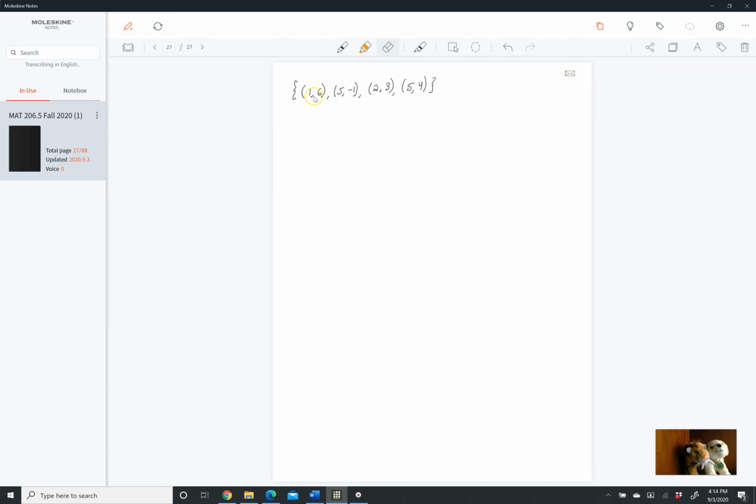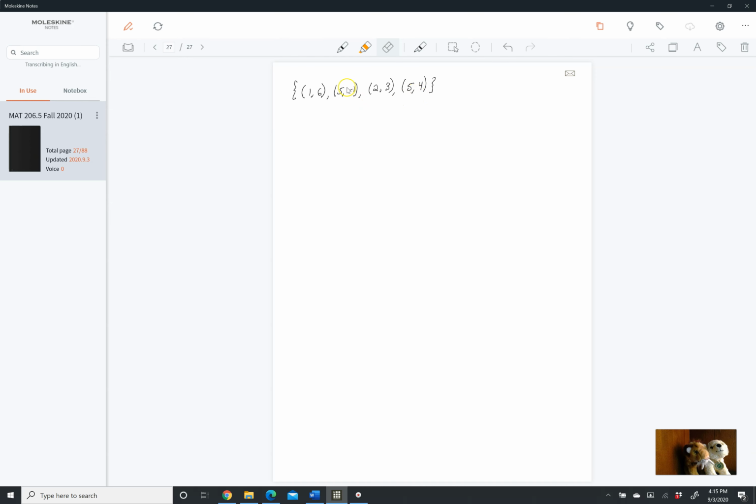So we're going to look at the 1. Now we know that the output for 1 here is 6. Now we have to make sure that 1 doesn't have any other output. So we're going to look and make sure that we don't see any other 1s. And we don't. So 1 only has an output of 6. 1 is okay. Now we're going to look at the 5. Well, we see here that the 5 has an output of -1. We have to check and make sure that it doesn't have any other output. So we're going to go across here and say, wait, do we see 5 again? And we do. Here's a 5 and the output is 4.